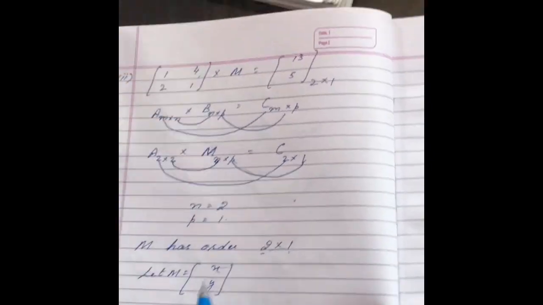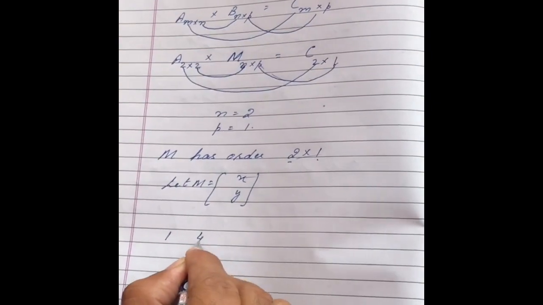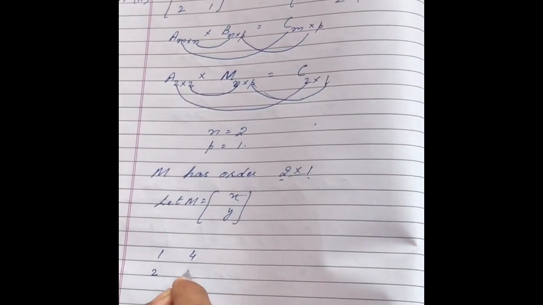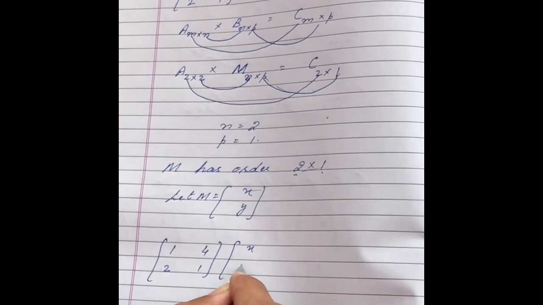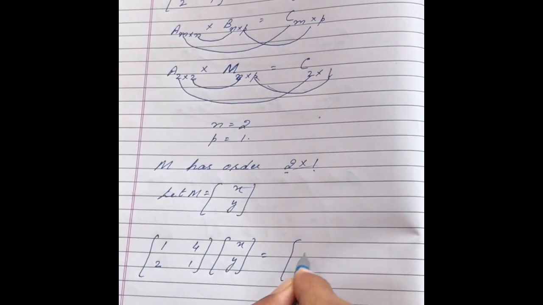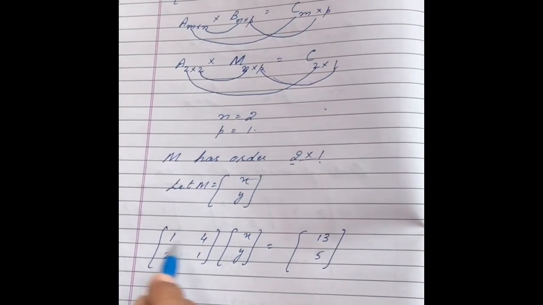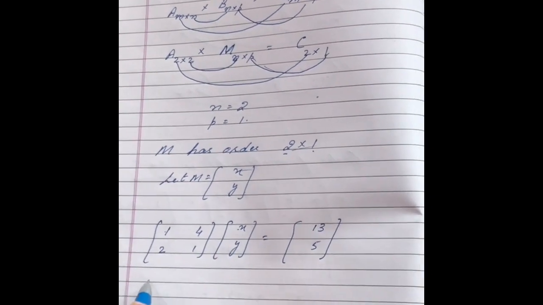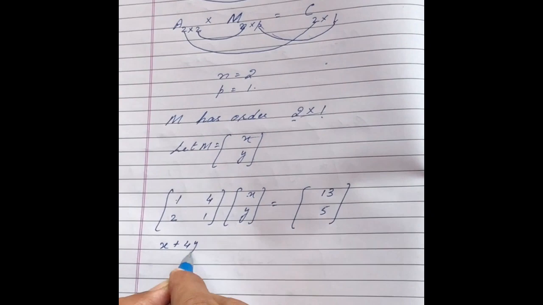Now I put value of m here, [1, 4; 2, 1] times [x; y] is equal to [13; 5]. Multiply 1 into x, x, 4 into y, 4y.